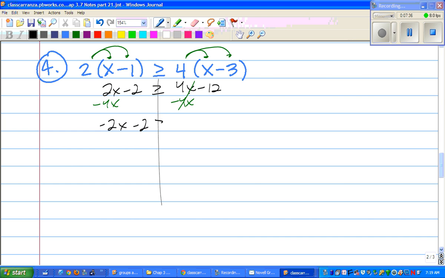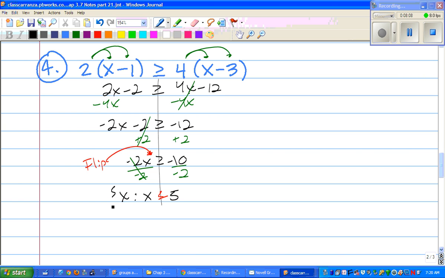So -2x minus 2 greater than or equal to -12. Add the 2 to both sides. We get -2x greater than or equal to -10. We're dividing by -2. So x is 5, we just divided by a negative, so we have to make sure to flip that sign.